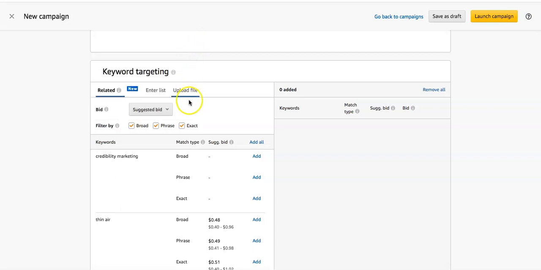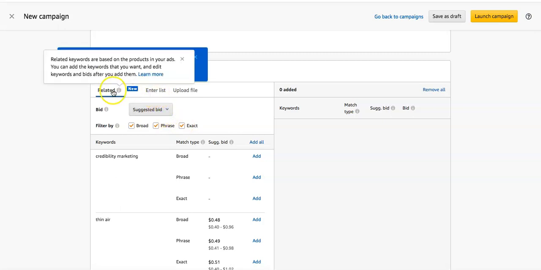So what I normally do is keep all three of these checked, so that no matter which way Amazon is looking at it, or how the customer puts it in, I'm going to be covered. You can also do different ads where you check only the broad, and then the next ad you do the exact same keywords, but you do only phrase, and then so you can do it that way. I just keep them all three checked.